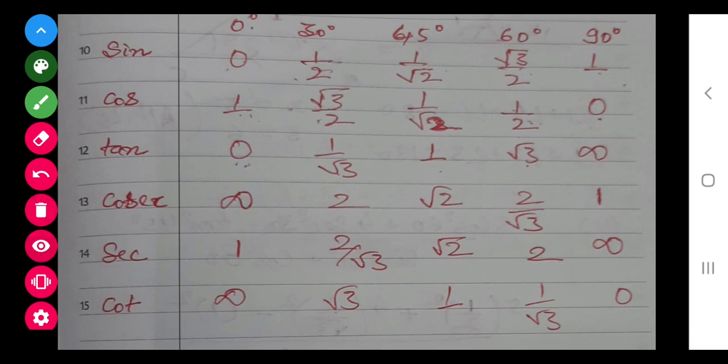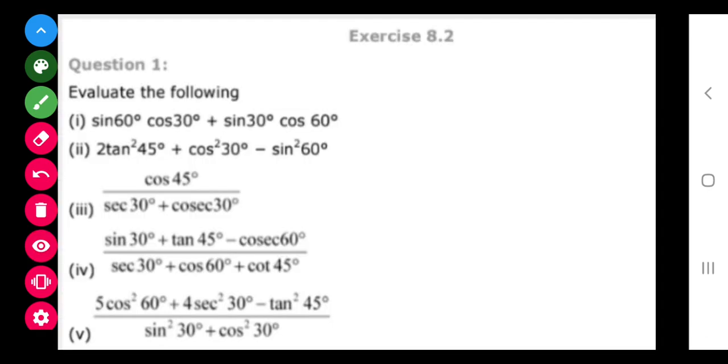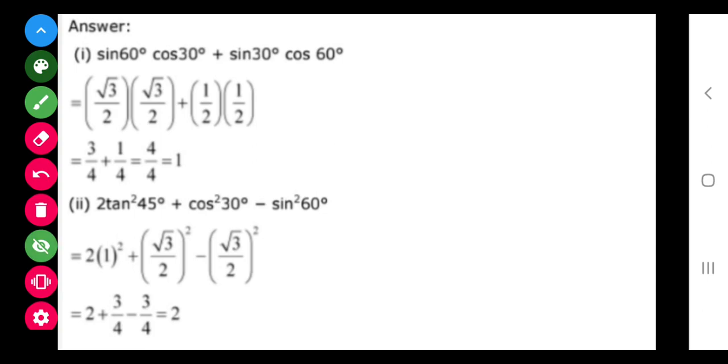So on substituting the values and multiplying, you will get 3 upon 4. On multiplying this, you will get 1 upon 4. Finally 4 upon 4. So the answer is the same as the next one. You have to substitute the values, and as the square is also there, we have to do the square of the values.